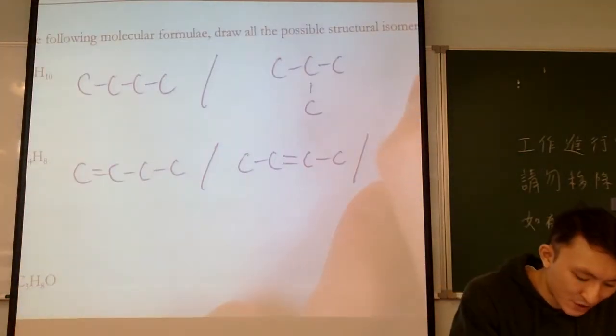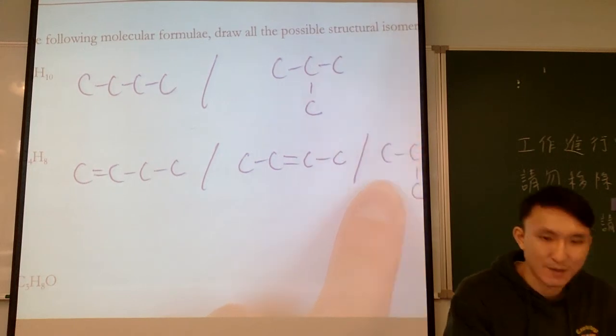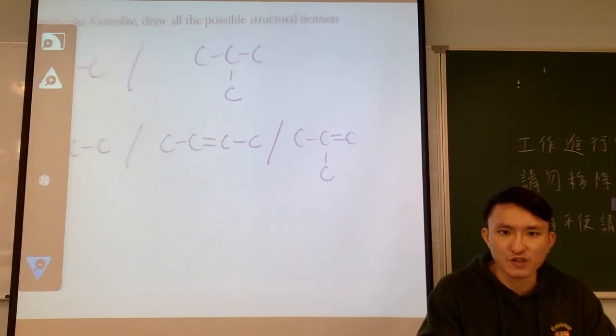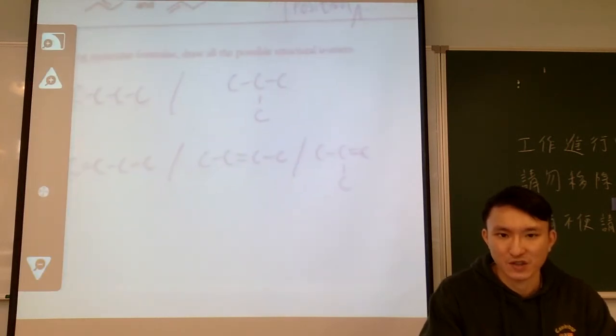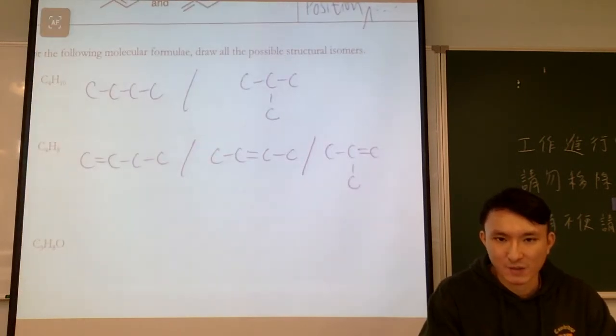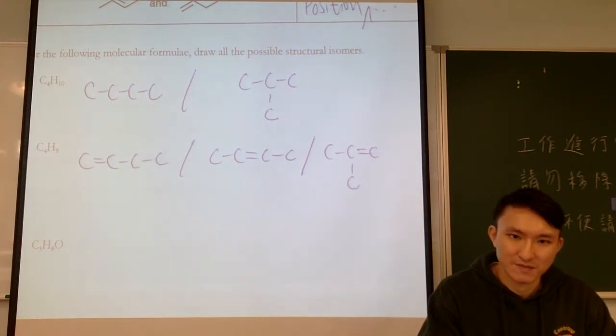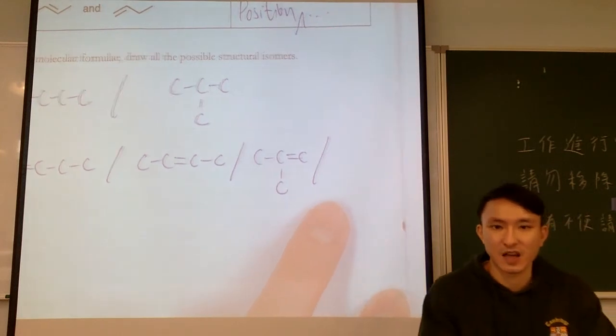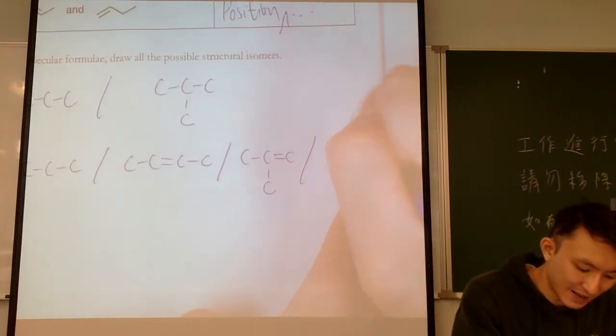And we may also have a methylpropene. So I think most of you should be able to get these 3, which is already very good. But what about the hidden one, the other one? This one, in fact, does not have any double bond, but it has a ring.